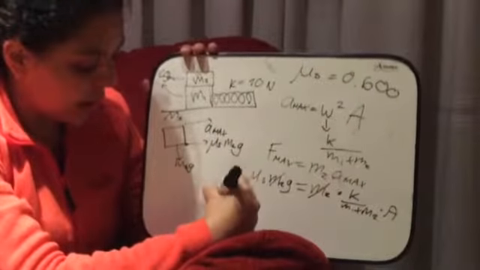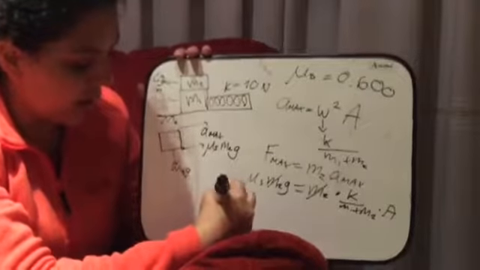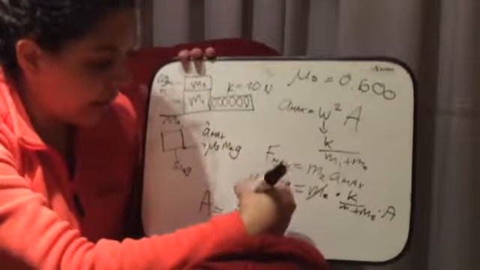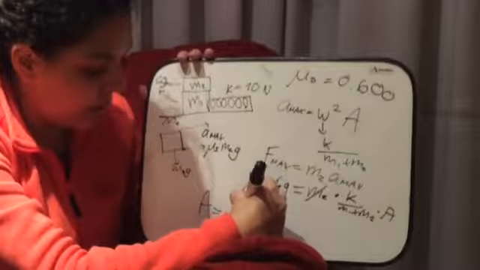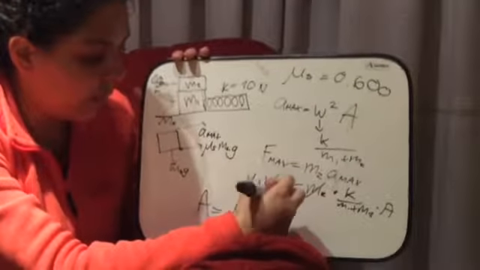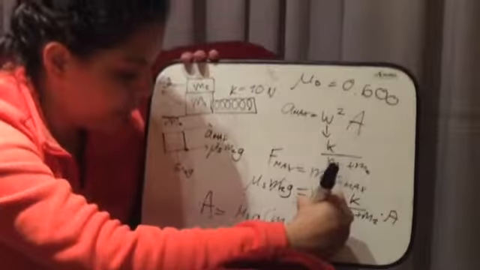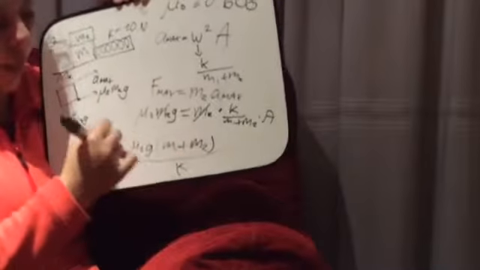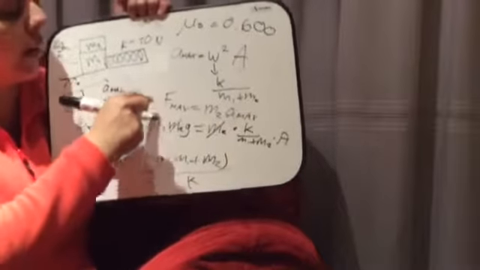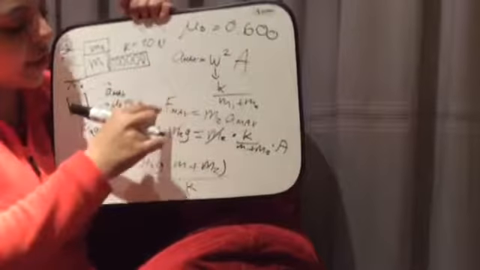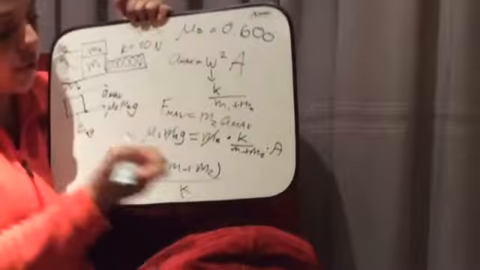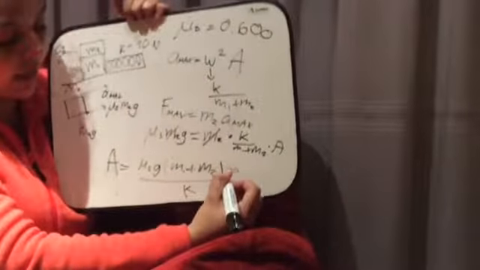When we take A out of it, we get that mu, the friction coefficient, times this, divided by k, should equal the maximum amplitude we're looking for, as we are talking about the maximum acceleration and the maximum force.